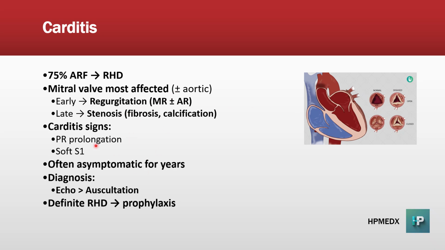The main signs are PR prolongation and a soft S1, the first heart sound, and it might be asymptomatic for years. The diagnosis is mainly by echo, and if definite rheumatic heart disease is present, prophylaxis should definitely be taken.